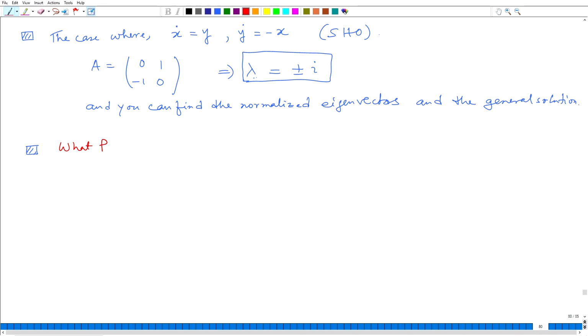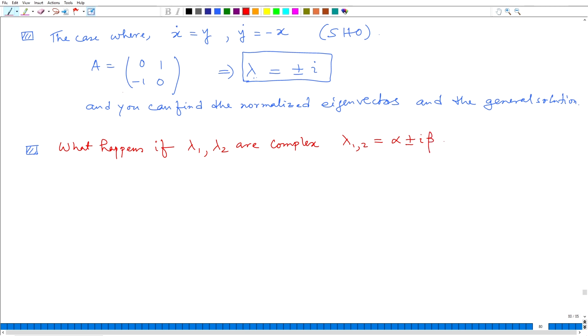What happens if lambda 1 and lambda 2 are complex and of the form lambda 1, 2 is equal to alpha plus minus i beta. Okay.